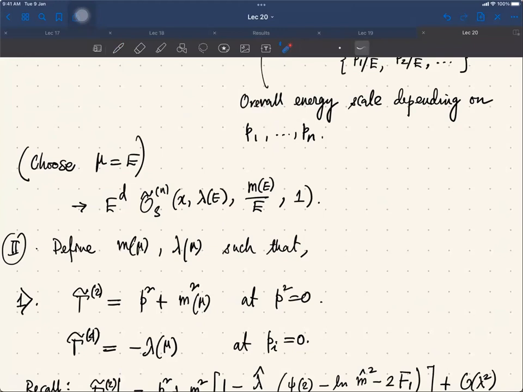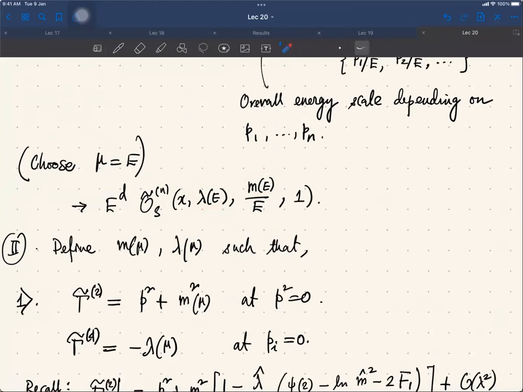And once you measure the values of those two parameters, you can predict an infinite number of other observables using those values that we have calculated from the finite number of observations. You can predict an infinite number of other results at the same energy scale, because you have calculated m and lambda at a particular energy scale.